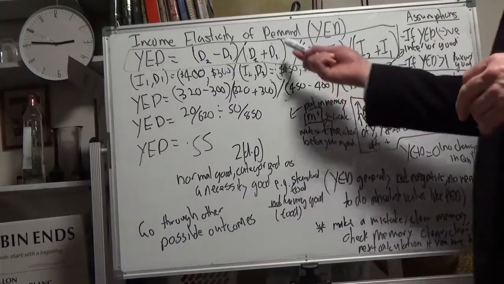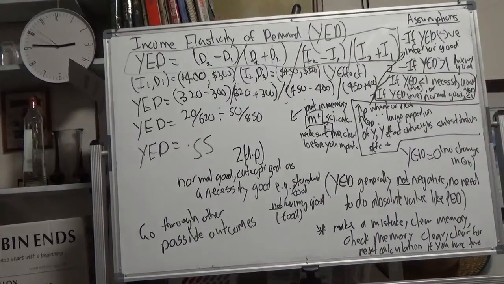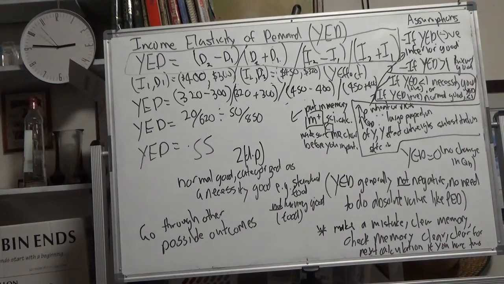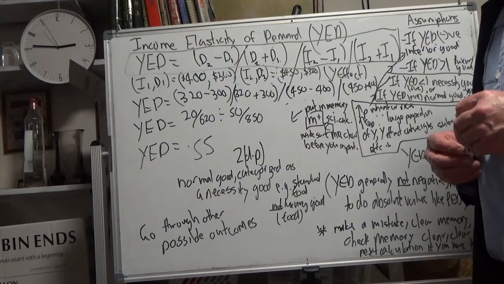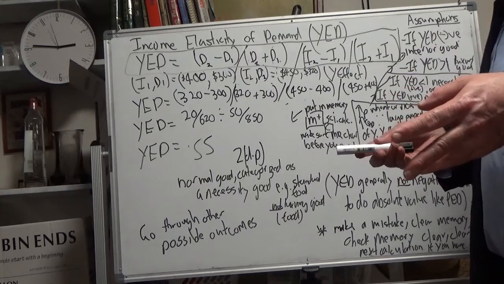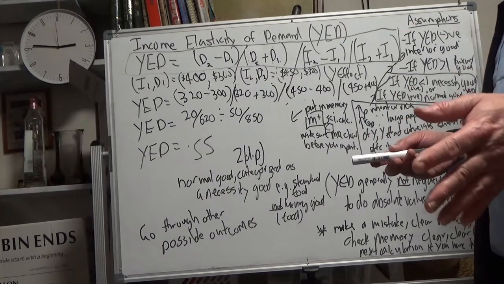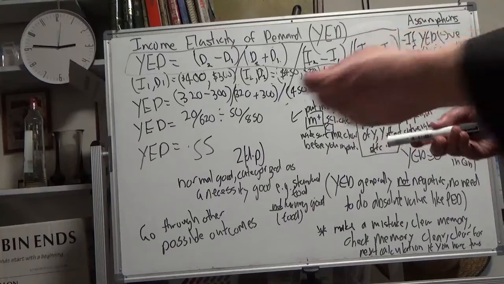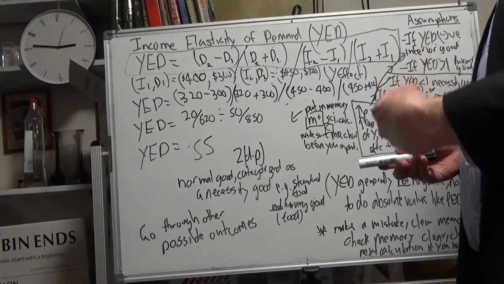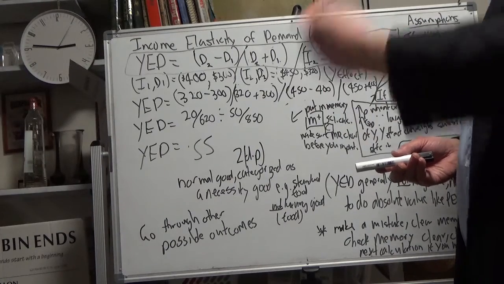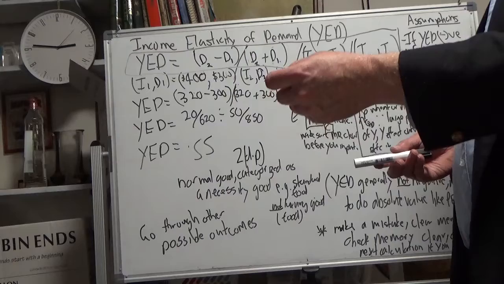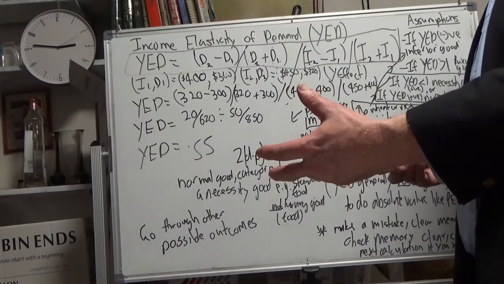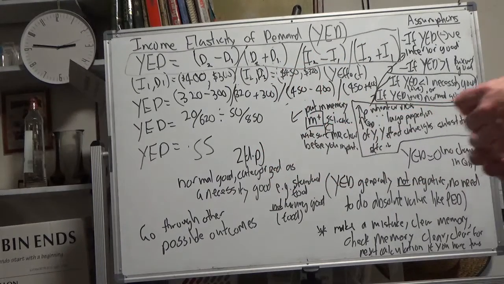So the concept of income elasticity of demand is when income changes, what's the effect on demand? It's called the income effect. Higher income means more goods demanded. Conversely, lower income means a lower quantity of goods demanded. That's the income effect.